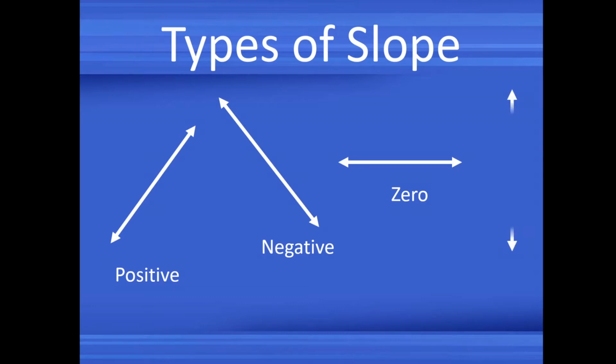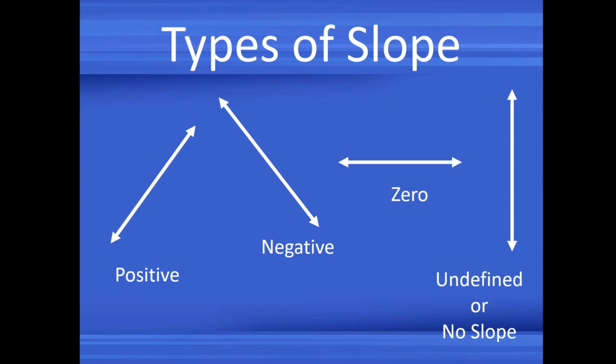The next one we have is undefined or no slope. Again, this is pretty self-explanatory, right? For the zero slope, the y-coordinate never changes. As for the undefined slope, or infinitely large slope as we call it, it is the slope of a vertical line.